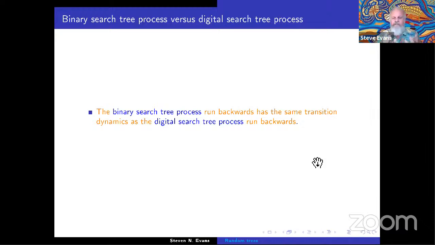And so if you put that together with our observation about the connection between Pólya urns and simple random walk, we see that the binary search process run backwards has the same transition dynamics as the digital search tree process run backwards.